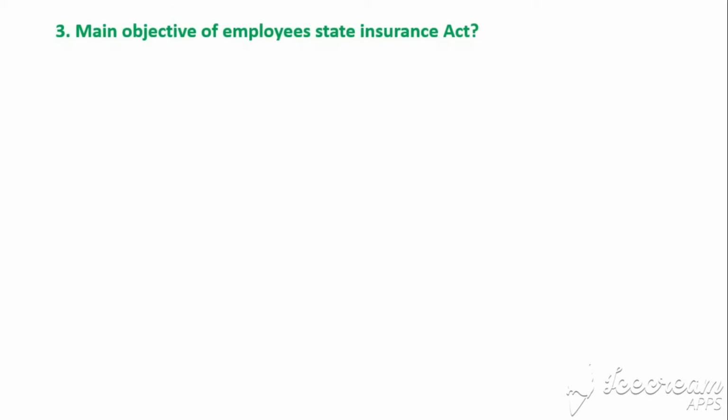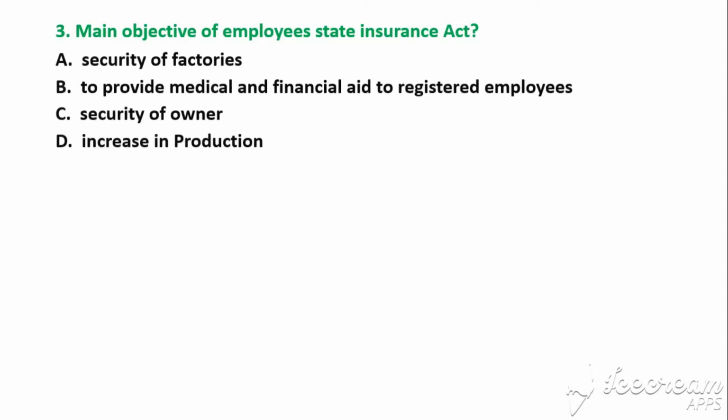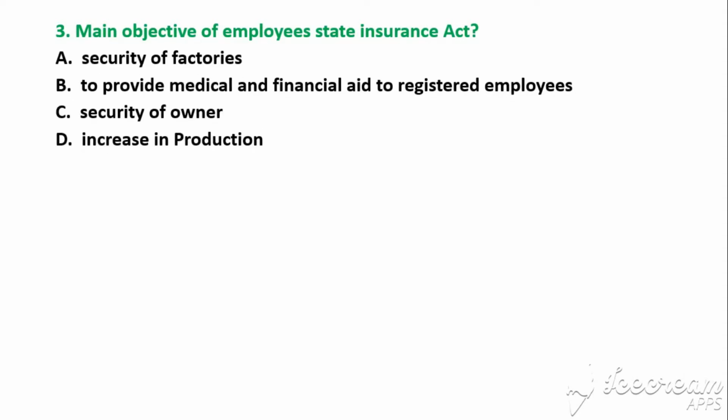Third question is, what is the main objective of the Employees State Insurance Act 1948? Is it security of factories? No. Second one, to provide medical and financial aid to registered employees. Of course, the registered employees are given the medical benefits as well as financial aid too.